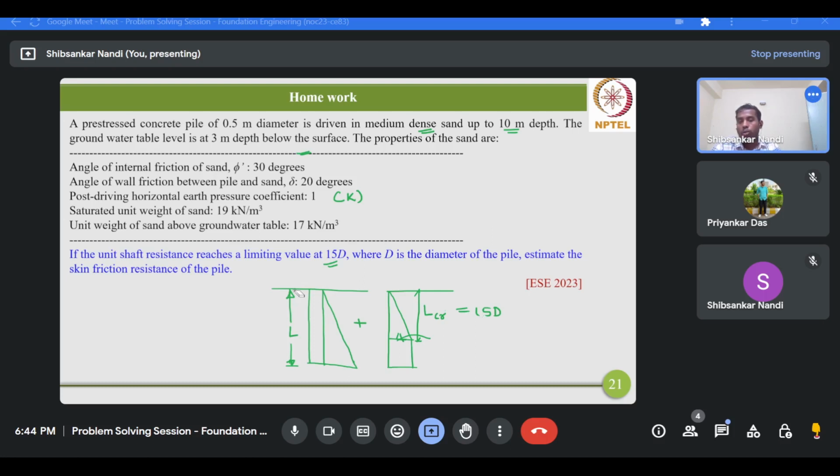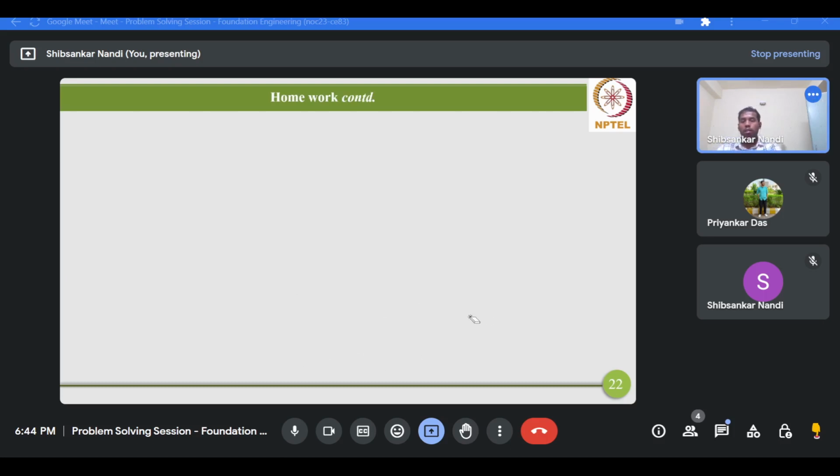Okay, so considering this critical length concept, first we'll try to establish the variation of the effective stress along the length of the pile. If this is the length of the pile, the length is given as 10 meter for this problem. So this is 0 meter elevation, and this is 10 meter.